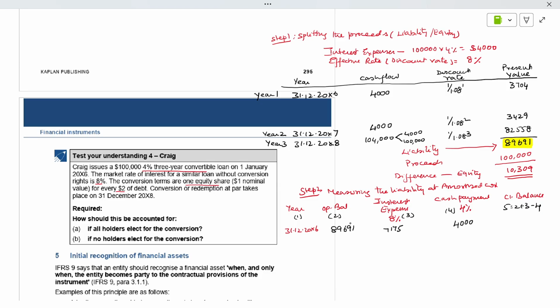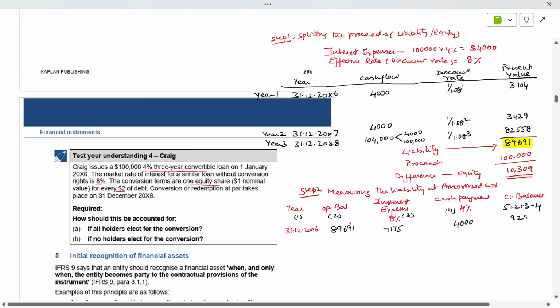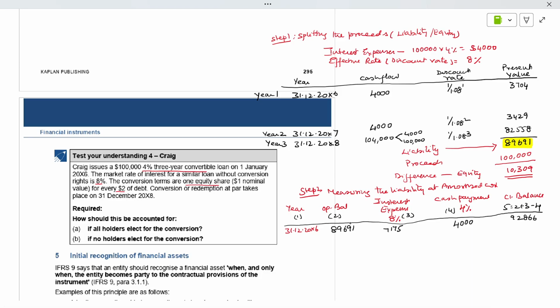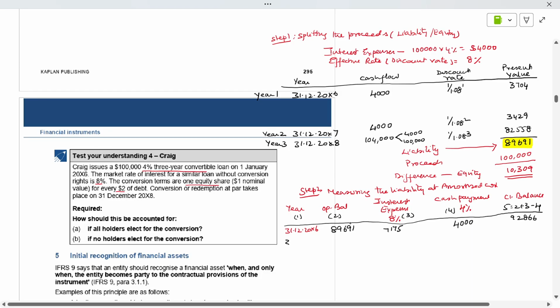How much is there? 92,866. Check. You can round it off. If there is any difference in rounding, don't panic.